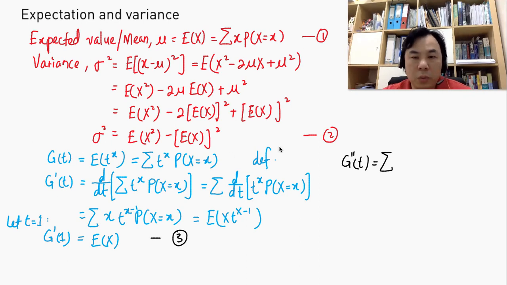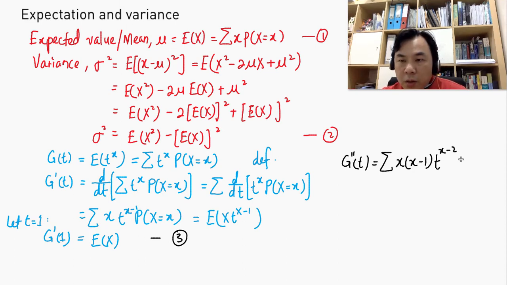Now we're going to continue on with our second derivative. The second derivative will give us x minus 1, and if you differentiate one more time, it will be t to the power x minus 2 with p(x) here. And then this can be written in the expected value format, which is E[X(X minus 1) t^(X minus 2)]. All right.